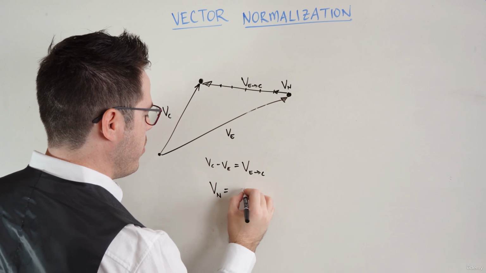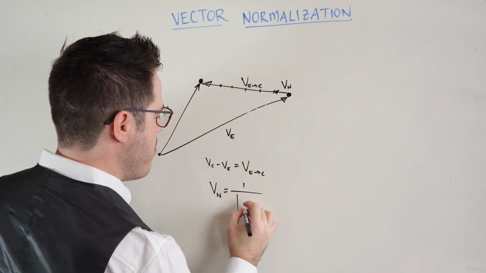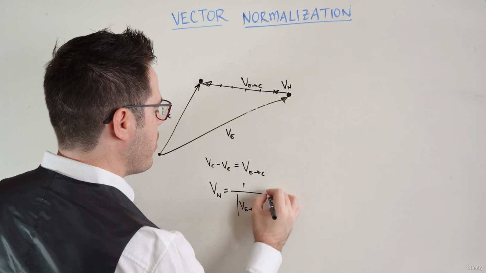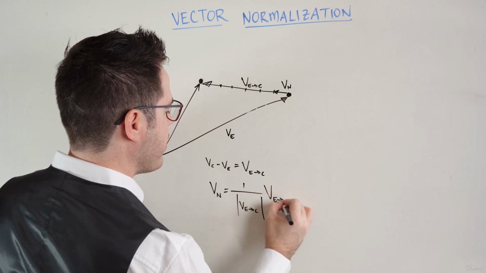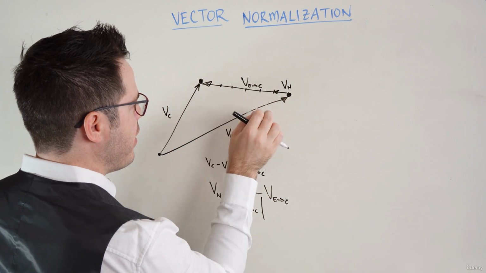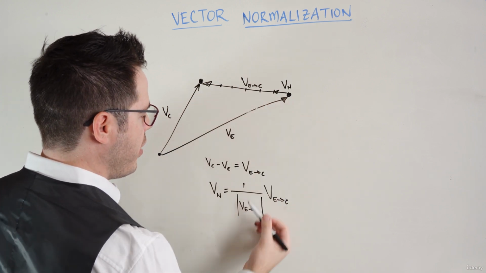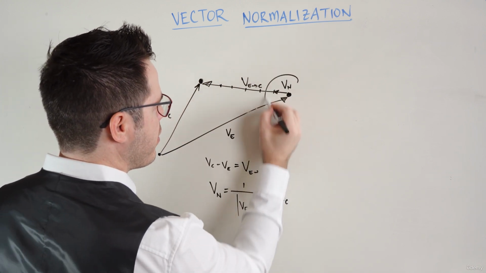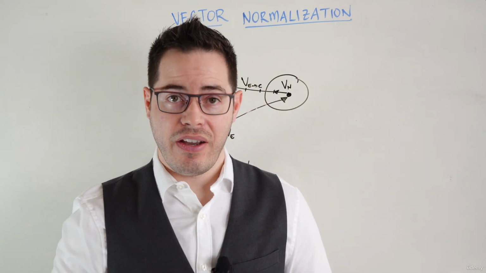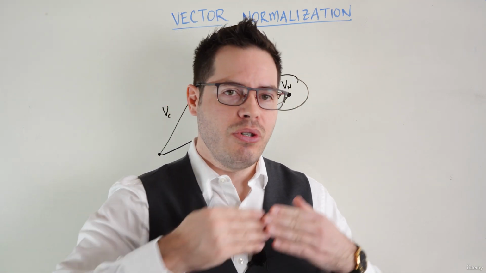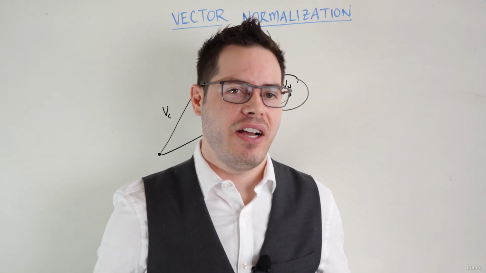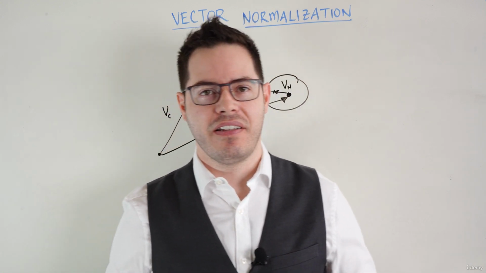V sub n equals 1 over the magnitude of v sub e to c times the vector v sub e to c. We're going to take the vector from the enemy to the character and scale it by 1 over the length, and that's going to give us this, the unit vector from the enemy to the character. And once we calculate that, we can now move that enemy by that vector amount. So now that we know how to normalize vectors, let's get some practice.